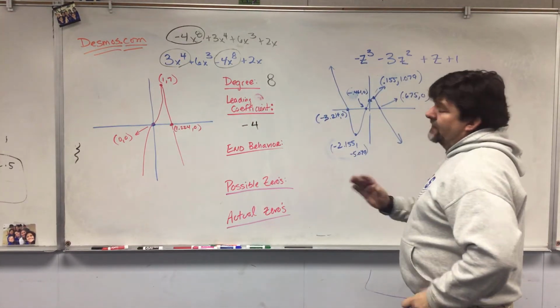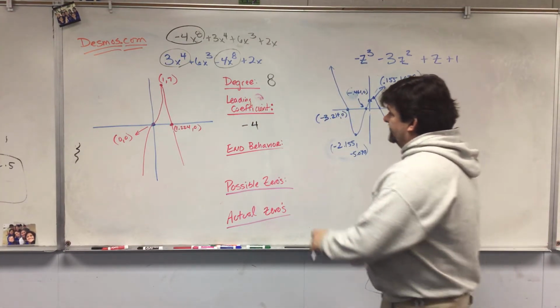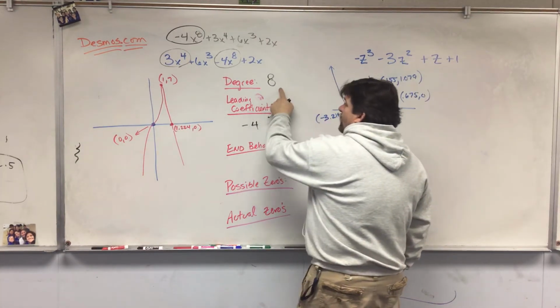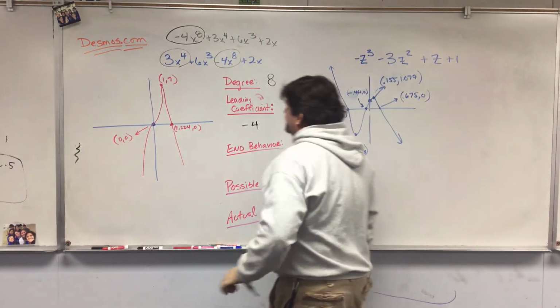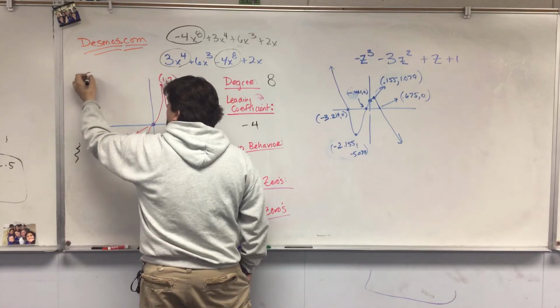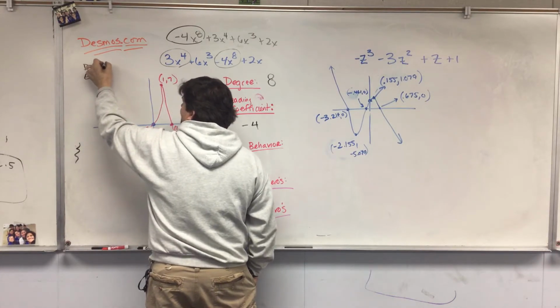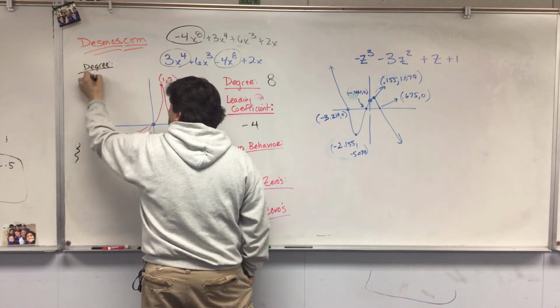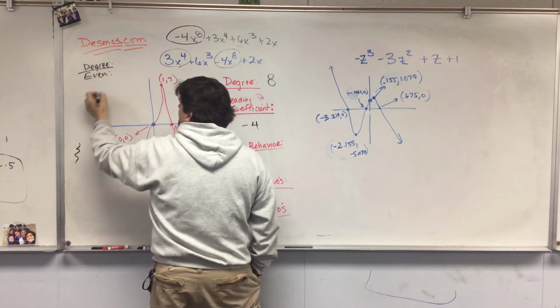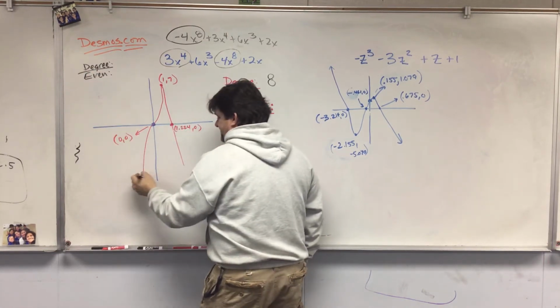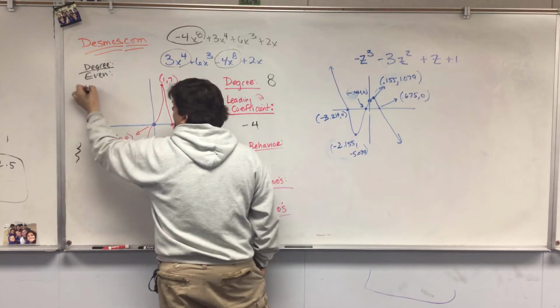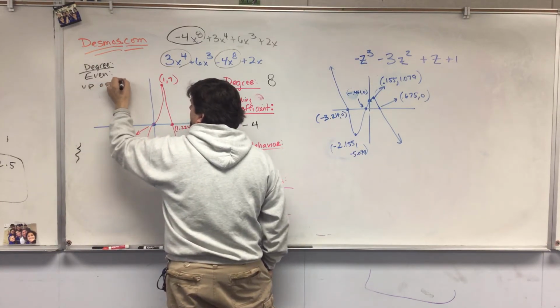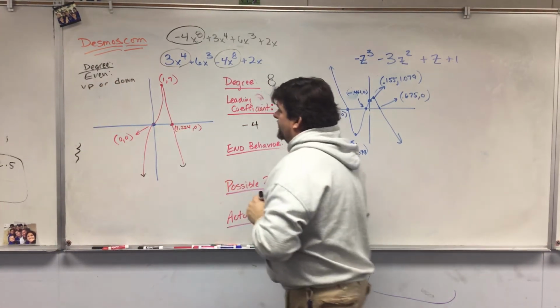So there's a couple of pieces of information here that I want you guys to understand. When the degree is even, then the ends are going to be up or down, both of them, okay?